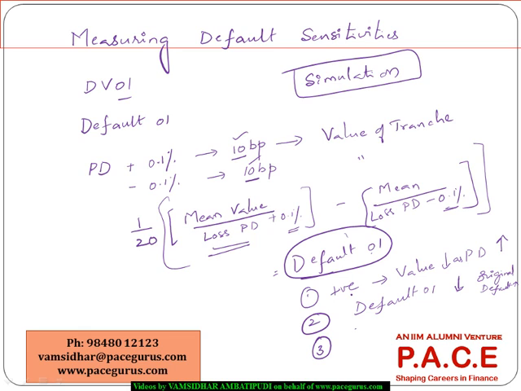The variation in the default sensitivities will be very high when the defaults are generating losses which are very close to that particular tranche's attachment point itself. So these are some of the conclusions that you can very well draw from this measure of default 01. All right.